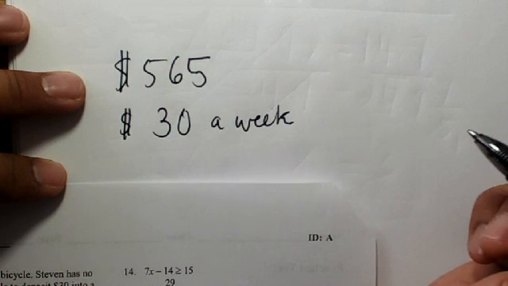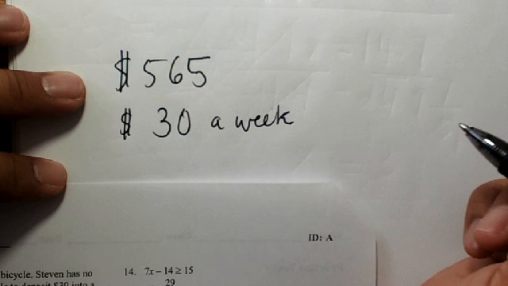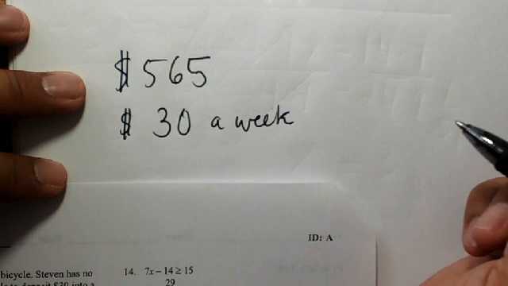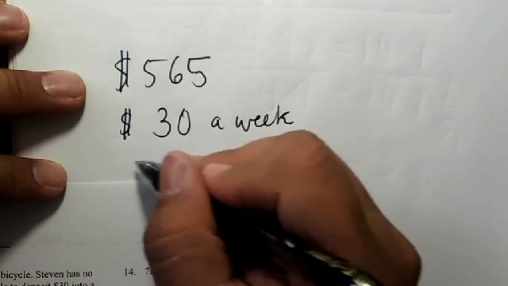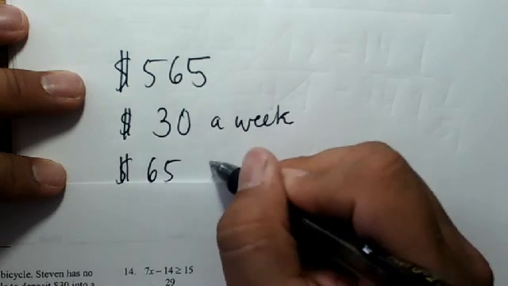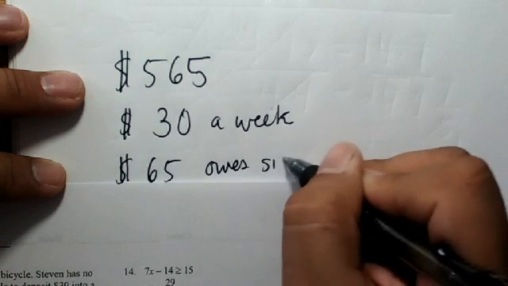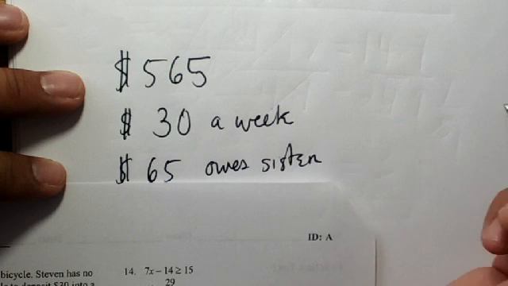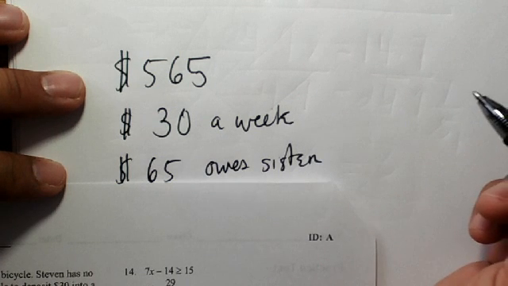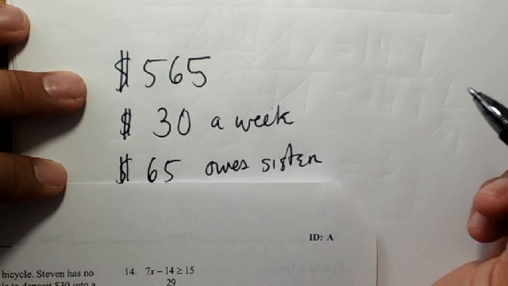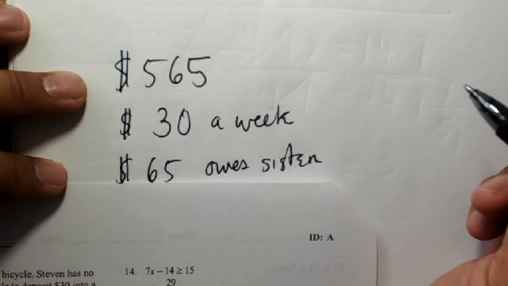But before he could do that, he wants to give his sister $65 that he owes her. Now, the question is, for how many weeks will Stephen need to deposit money into his savings before he can pay back his sister and buy the bike?